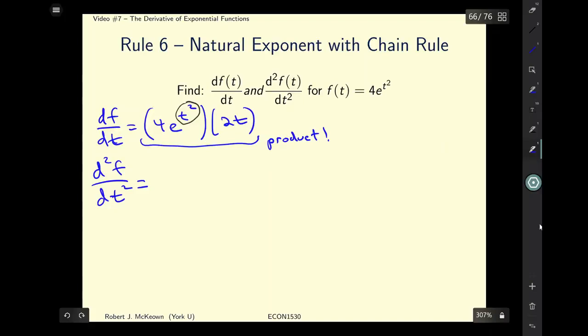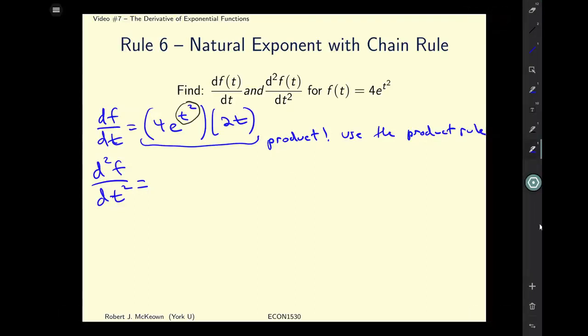So I'm going to have to use the product rule. And I'm going to have to use the chain rule again. So let me remind you what the product, well, no, let's just keep going.